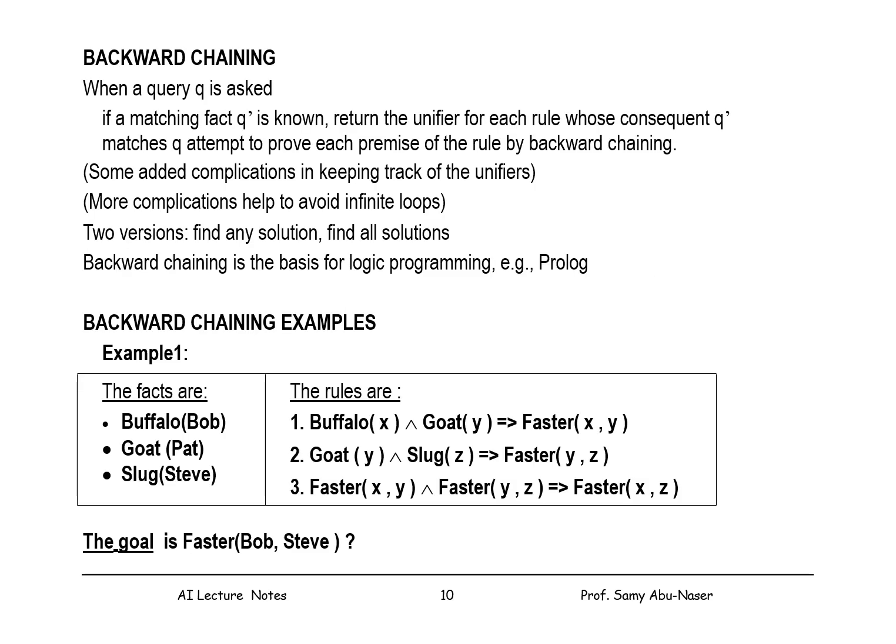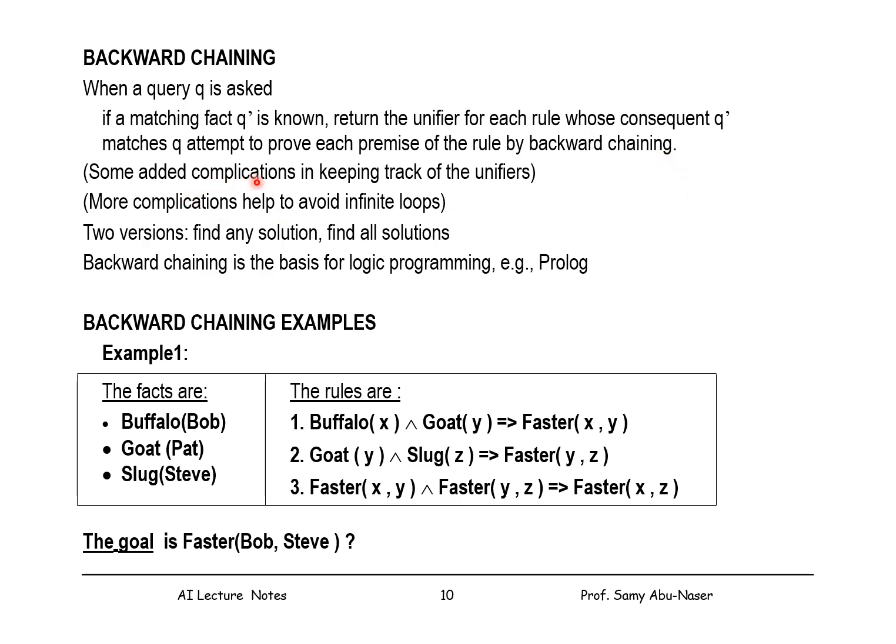Okay, the other inference method is called backward chaining. When a query Q is asked, if a matching fact Q is known, return the unifier. For each rule whose consequent matches Q, attempt to prove each premise of the rule by backward chaining.